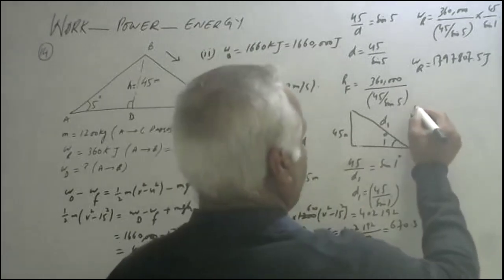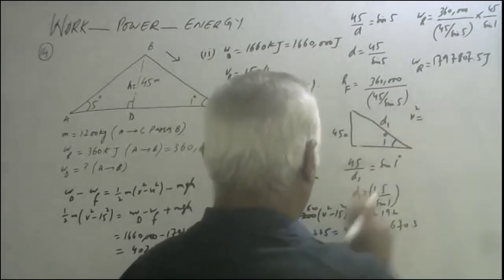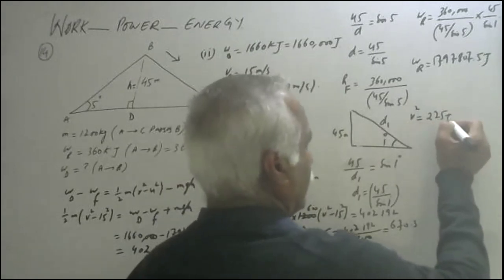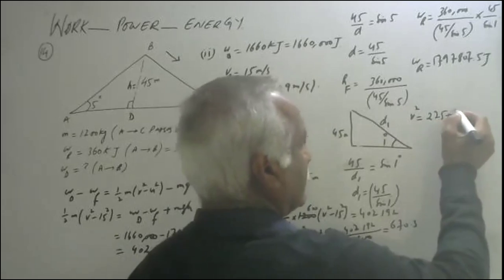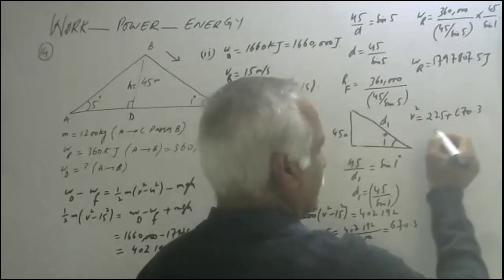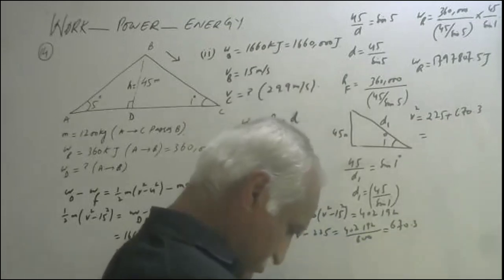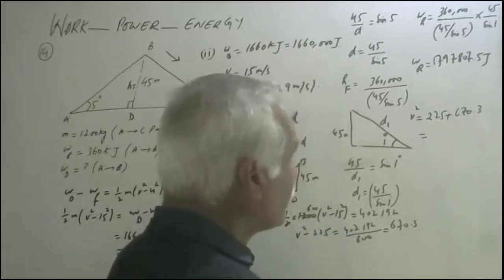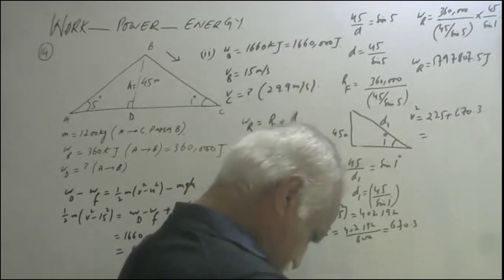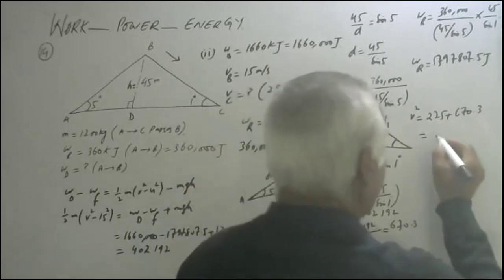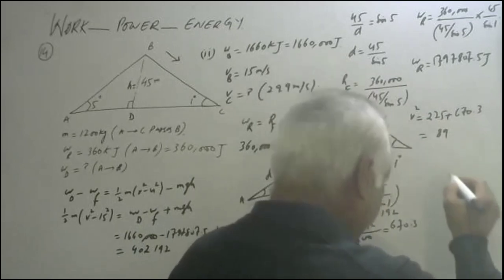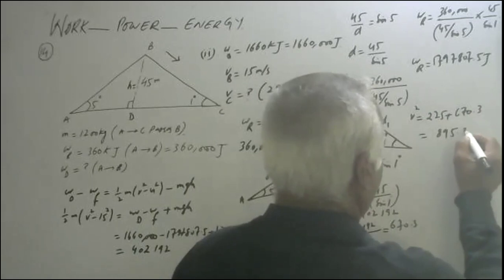So v square is equal to 225 plus 670.3, which is 895.3.